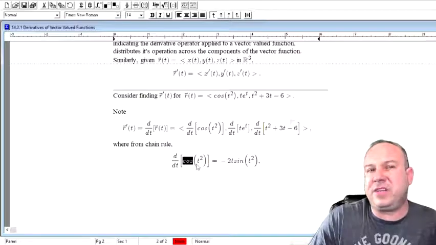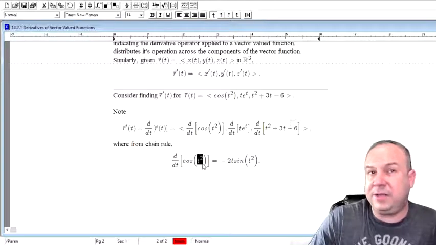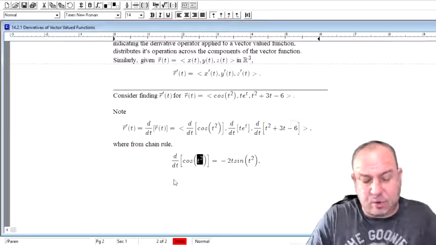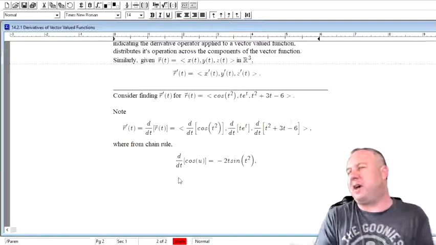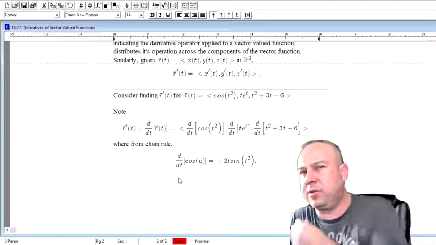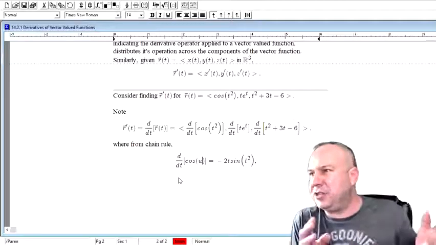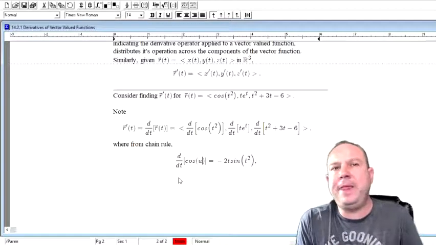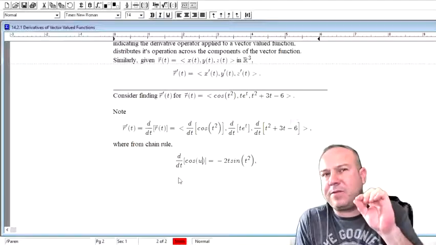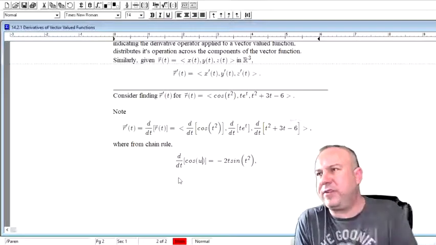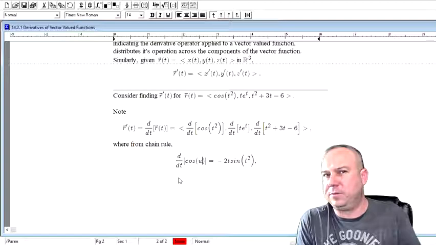And then the derivative of cosine for our interior, where we often think of that as just being some dummy variable u in a chain rule application, cosine of u has derivative negative sine of u.